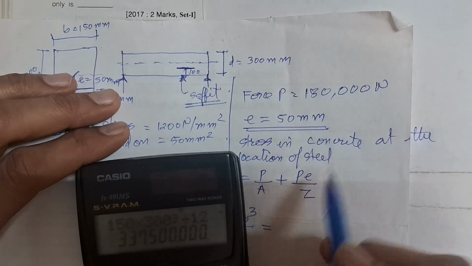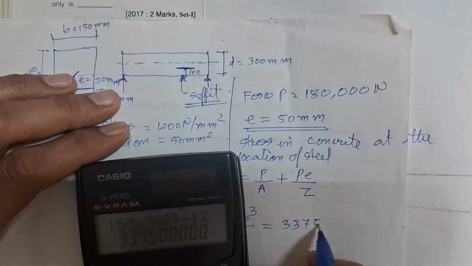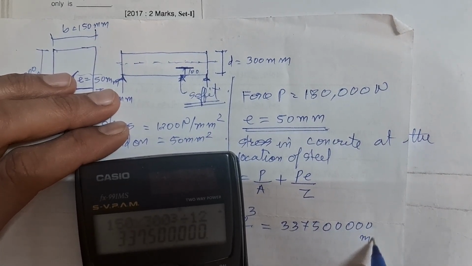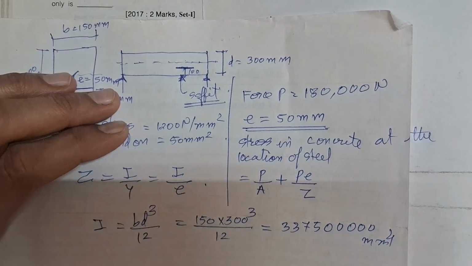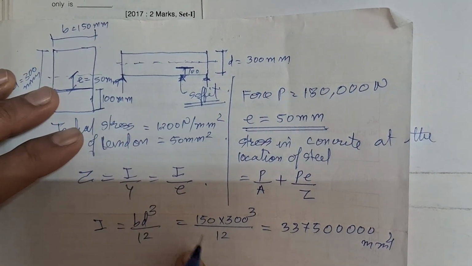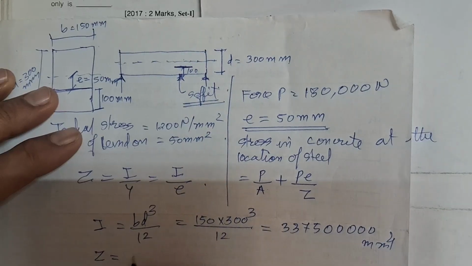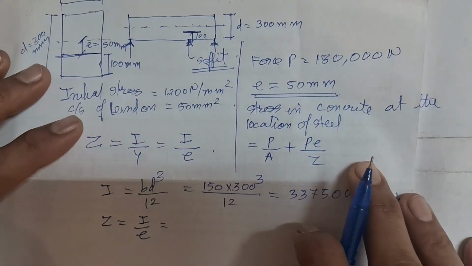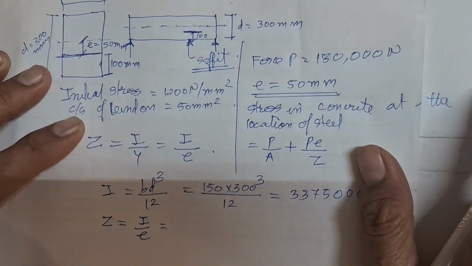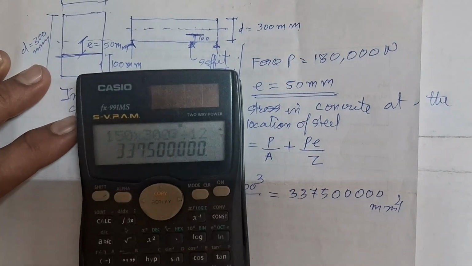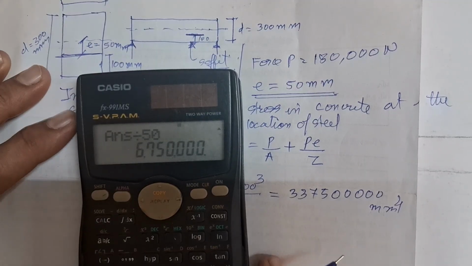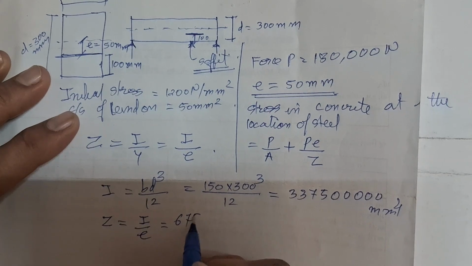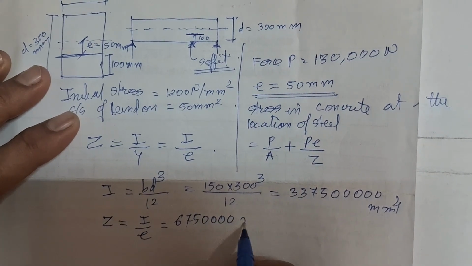It is around 3375 into 10 to the power 5 mm raised to 4. Now Z is I by e, and e is 50 mm, so dividing this value by 50 we get 675 into 10 to the power 3 mm cube.